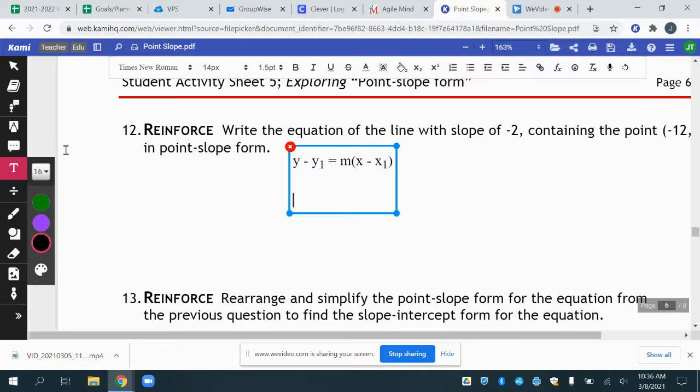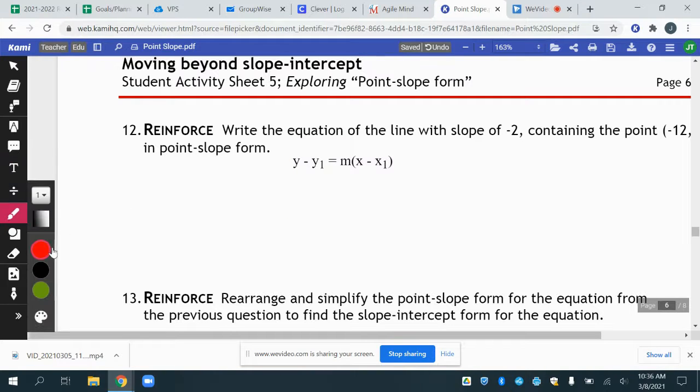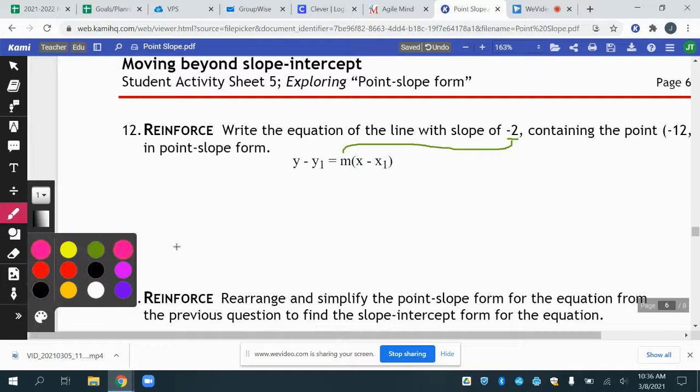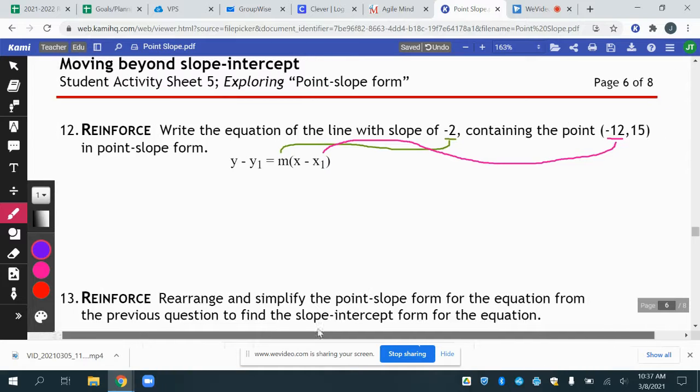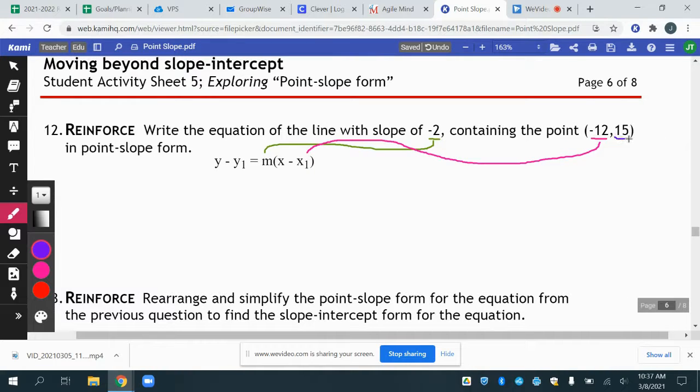All I've got to do is put this guy in here, and then put this guy, that's my x, in x1. And the last one, 15, is my y. That's what's going on here.